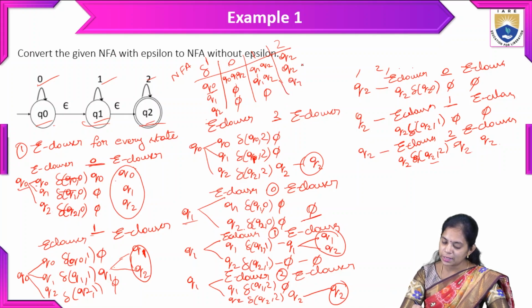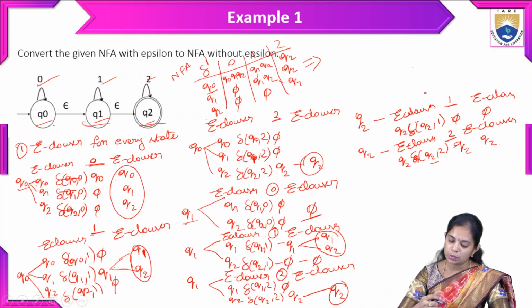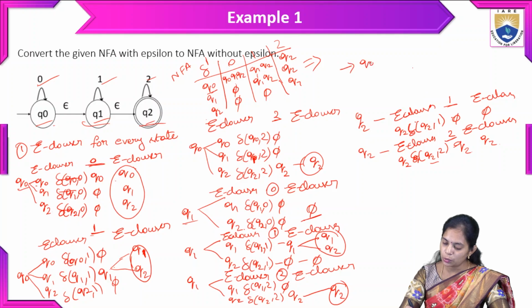And now we will convert this into a transition diagram. So in the transition diagram, the starting state is Q0, and Q1 we have, and Q2 we have. Q2 is the final state. For Q0, if you give 0 as an input symbol, it is a self loop with 0.